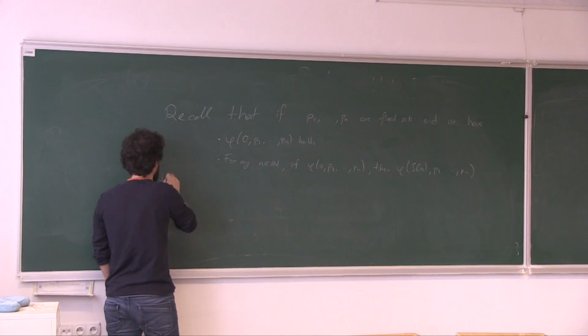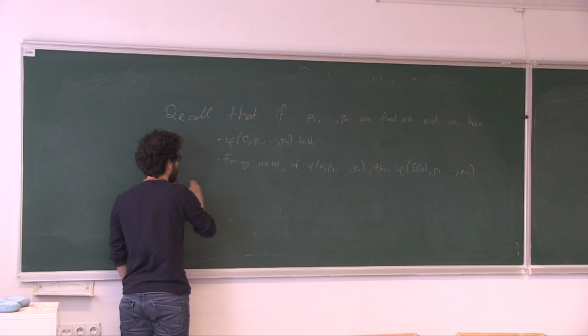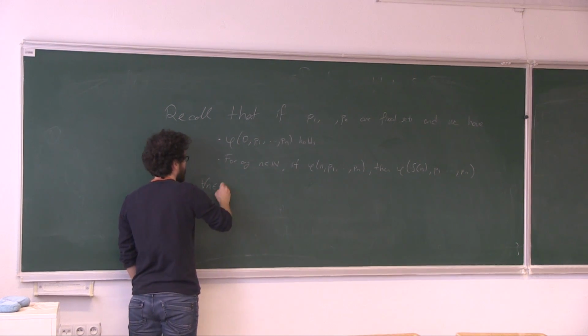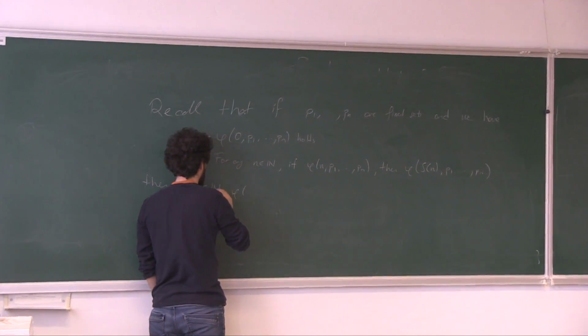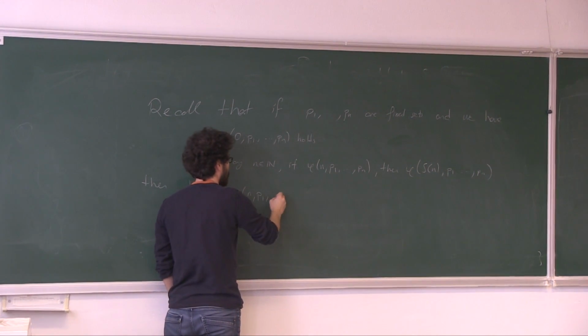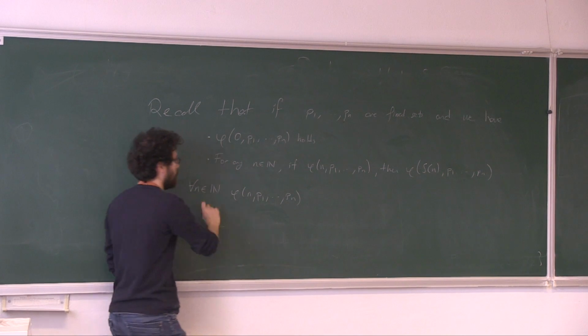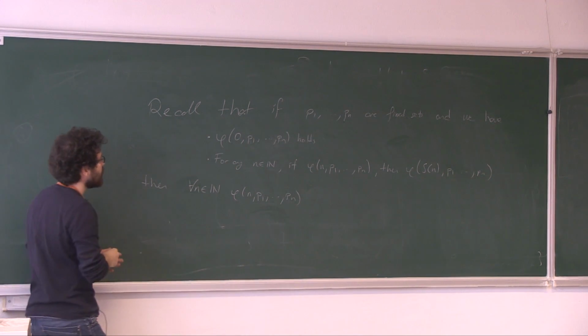If we have this, then for all n in N, this holds. Why is this the case?